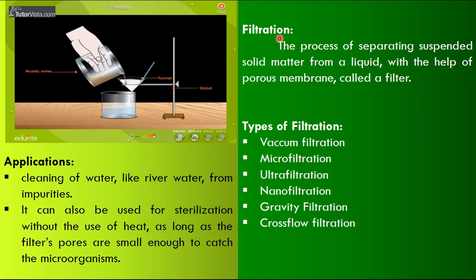Next method of separation is the filtration process. It is a simple and classical method where we are separating the suspended solid matter from the liquid. Here for this separation we are using filter paper. Filtration is also available in different forms, that is vacuum filtration, microfiltration, ultrafiltration, nanofiltration, gravity filtration, cross flow filtration.